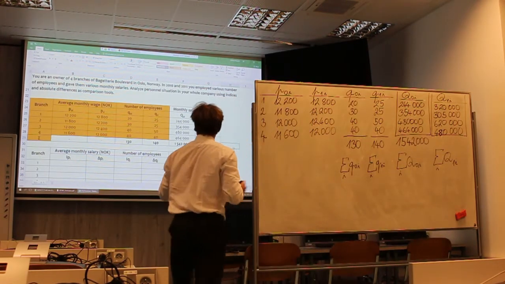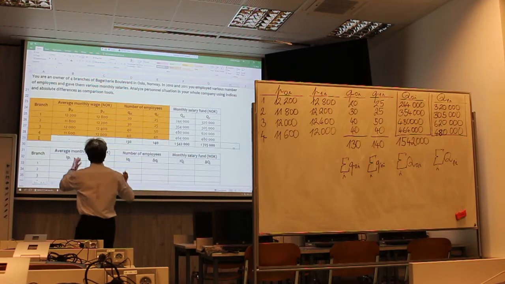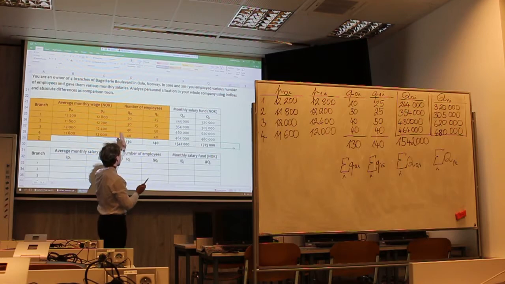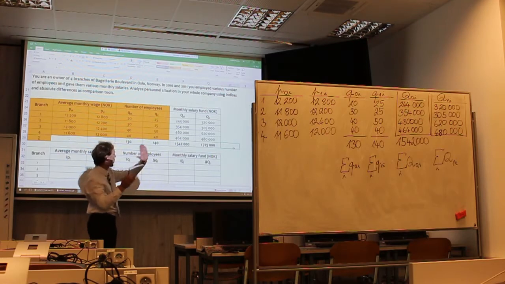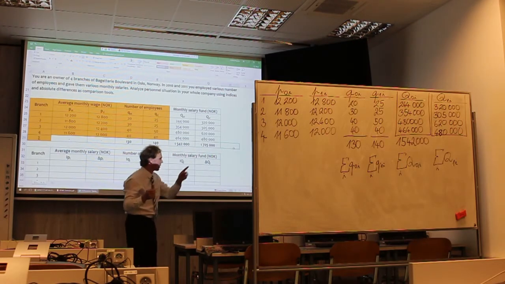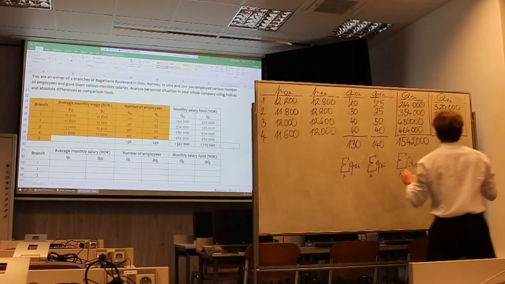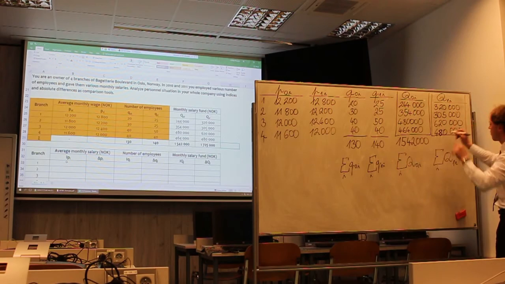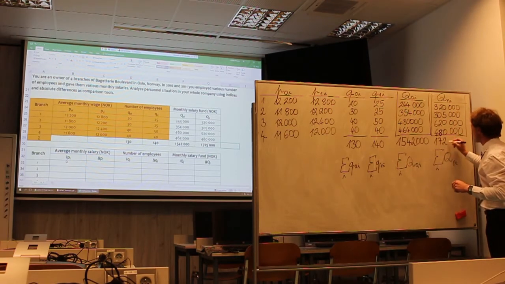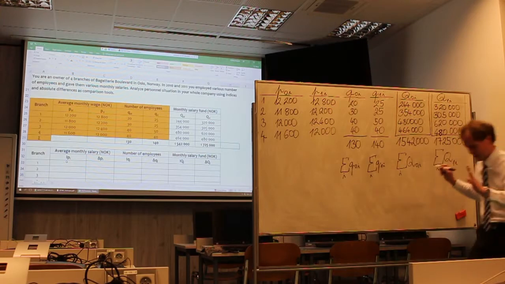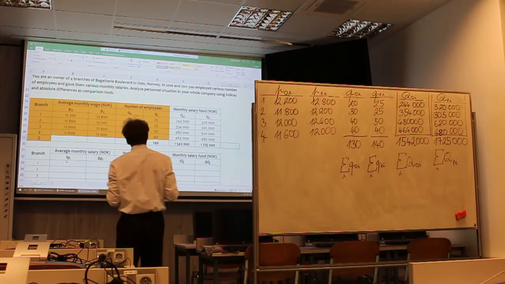And because the situation changed, you paid different wages and you employed different number of employees, you needed 1,725,000 Norwegian crowns in year 2011. Okay.